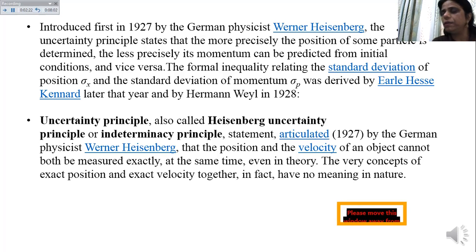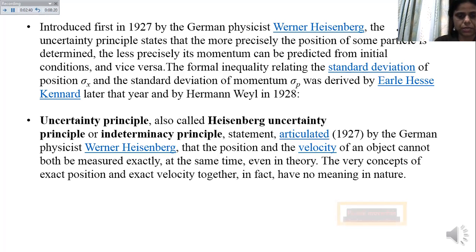Heisenberg, the German physicist, in 1927 articulated, means states, that momentum is basically mass and velocity. The mass of a particle always remains constant. So the actual factor which varies with the position is velocity.